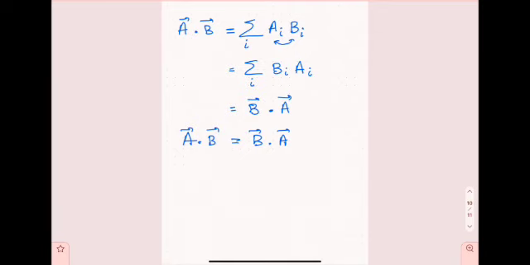Right here we can also draw another interesting property. So if B and A are equal, so we could write A dot A. So what is actually the dot product of a vector with itself?